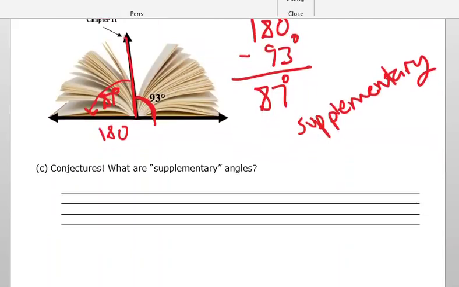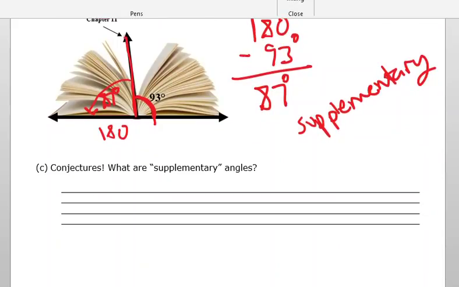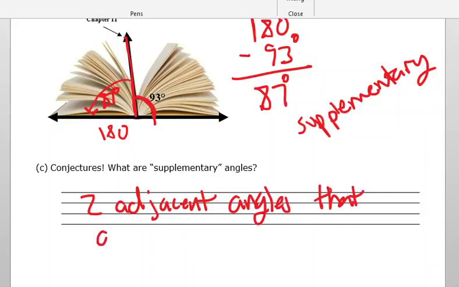And so now we want to say, well, what are supplementary angles? We already talked about that, but these are two adjacent angles that add up to 180 degrees. Now, Miss Syed, we have a lot of vocabulary that we're learning today.